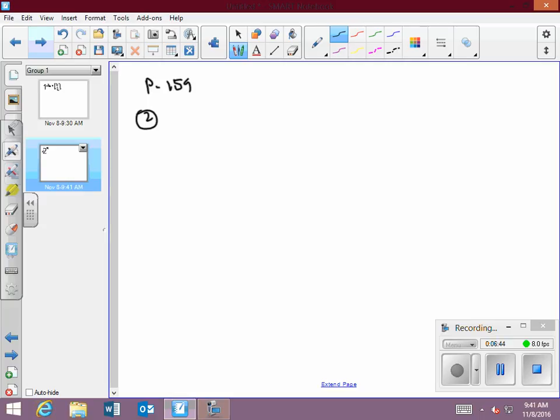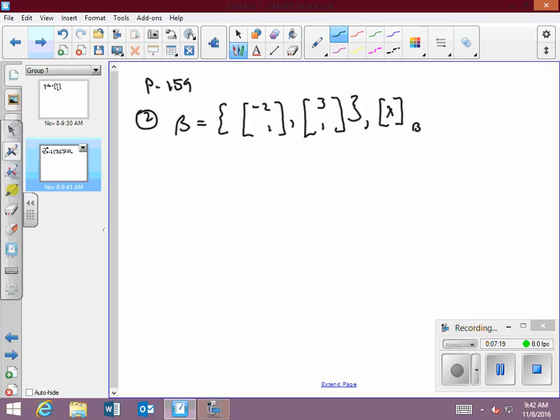So the basis is going to have these two vectors in it, and they want to find x.